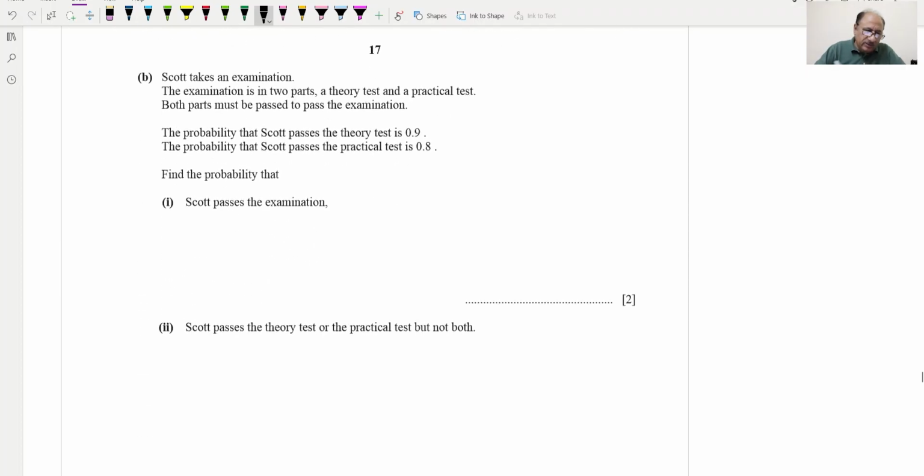Now B part, Scott takes an exam. The exam is in 2 parts, the theory test and practical test. Both parts must be passed to pass the exam. The probability that Scott passes the theory test is 0.9 and the probability for passing the practical test is 0.8.